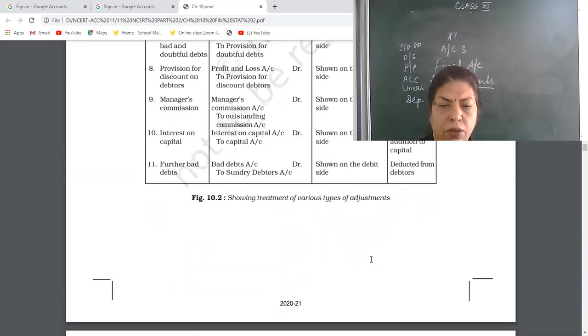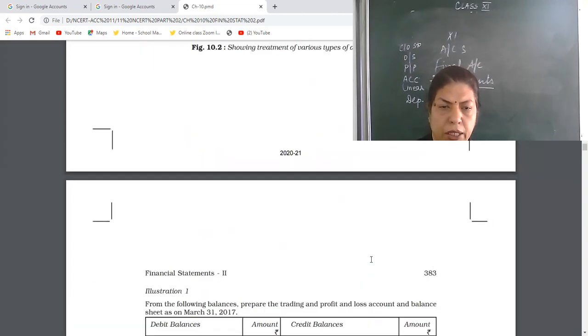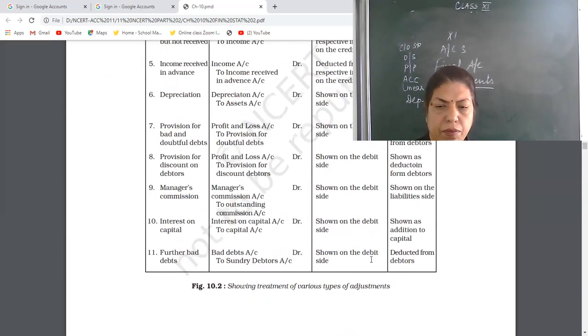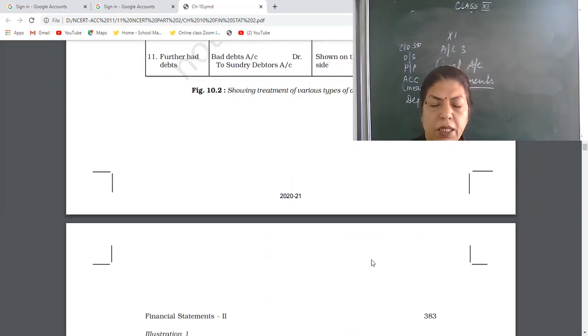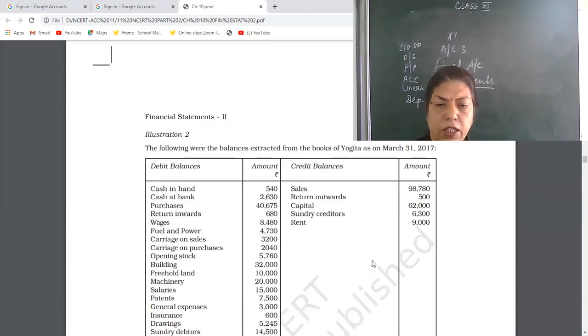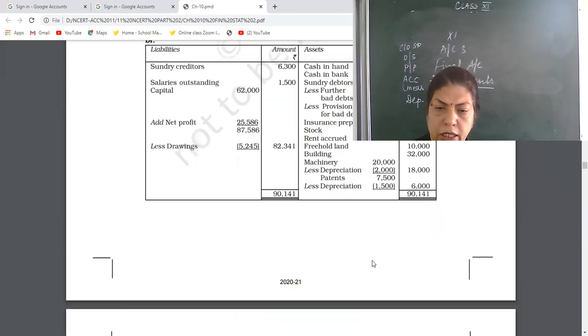Okay, now last, IOD. IOD means interest on drawings, that is the opposite of IOC.